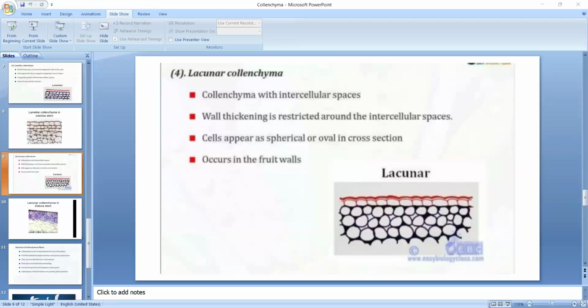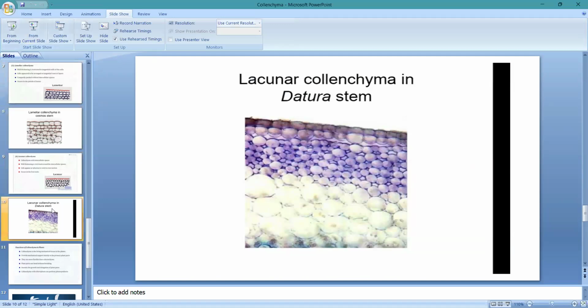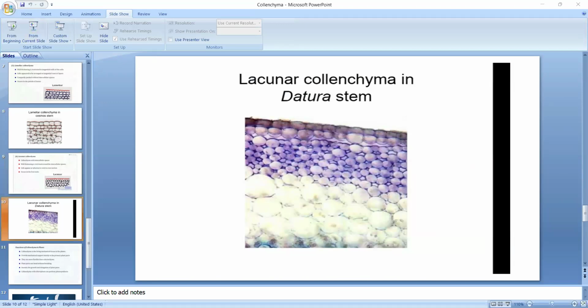This is the fourth one, lacunar collenchyma. Coming to the functions, see here, this is the Datura stem and lacunar collenchyma.